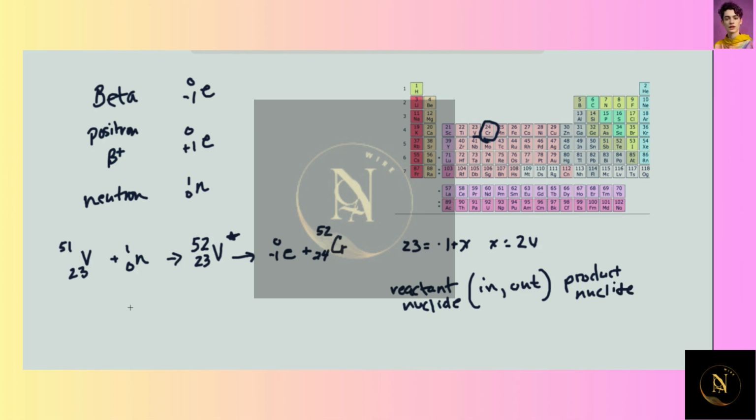So for this one, the shorthand notation is vanadium 51 with a neutron going in, a beta particle coming out, forming chromium 52.